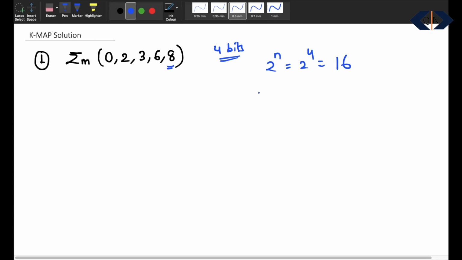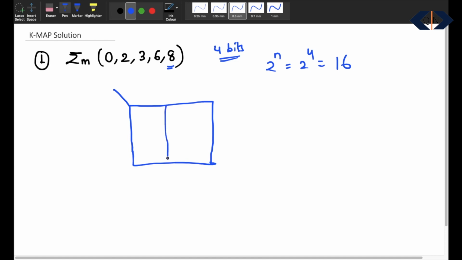So how to draw those squares? So let's draw like this. Now we have drawn 16 squares. Now let's start filling those boxes.